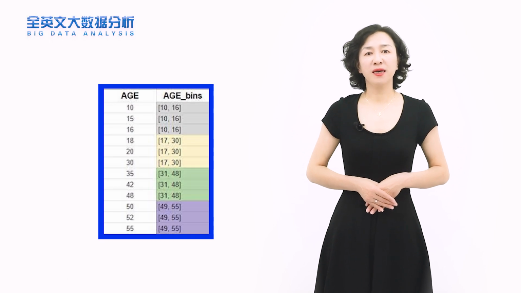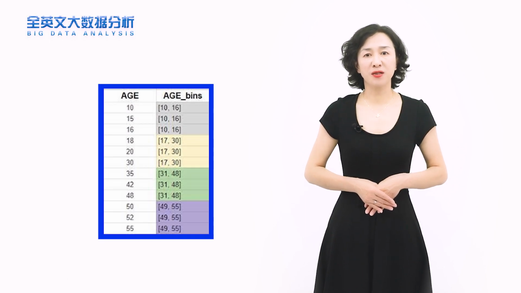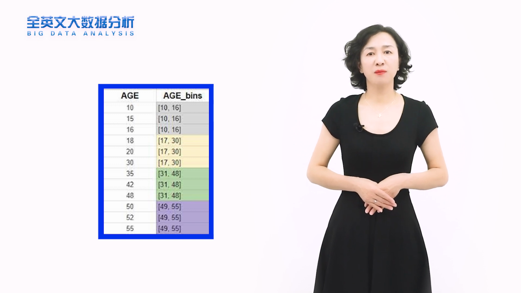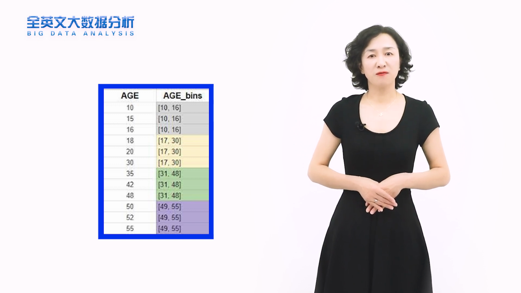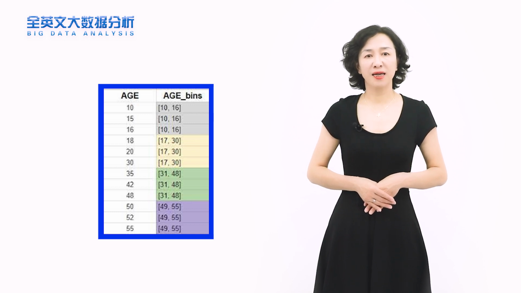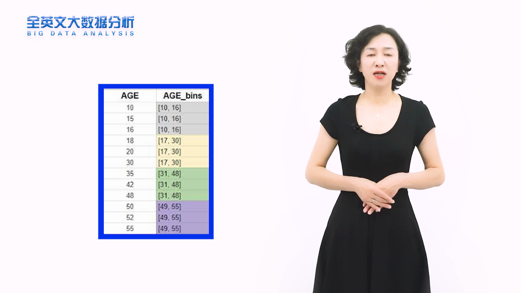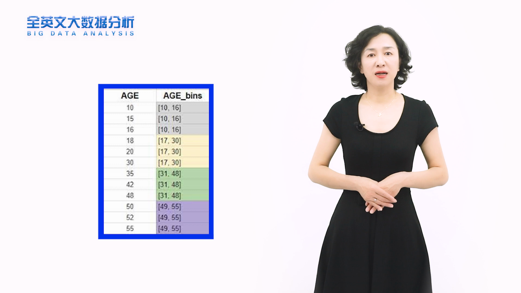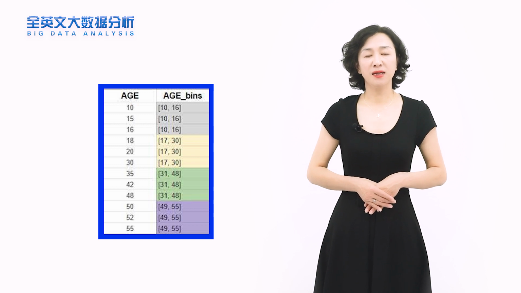In the example here, there are 4 different bins: gray, yellow, green, and purple. Each age value is put into a certain range, like age 10 is put into the range from 10 to 16, the gray box, and so on.